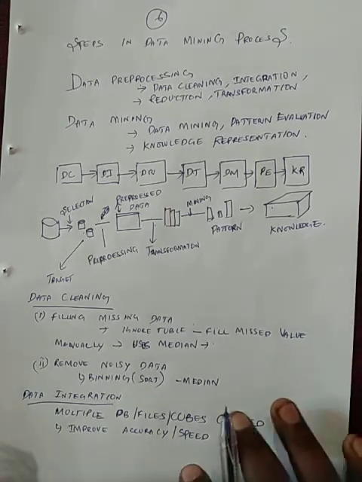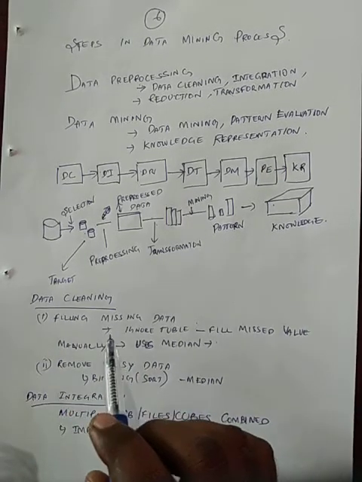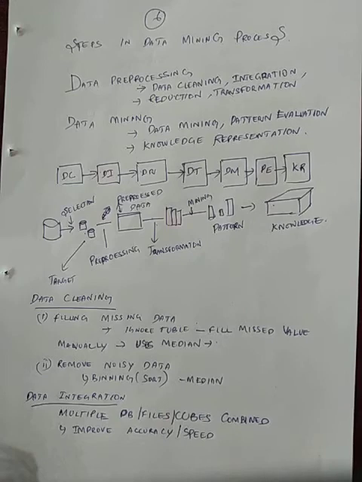Now we will be discussing one by one, starting with data cleaning. Data cleaning is this: suppose we are taking some important data from a collection of data. Usually among important data, some of the data might be missing.